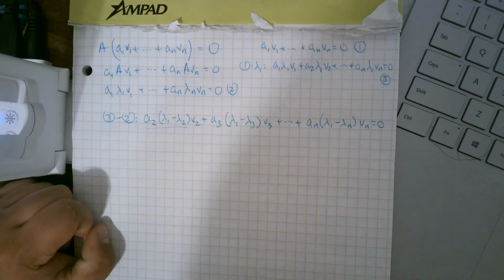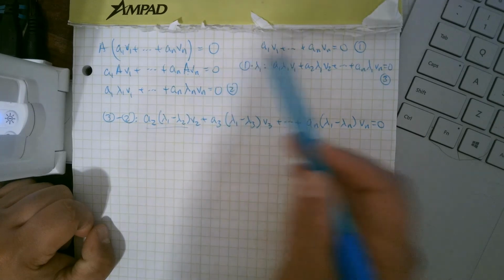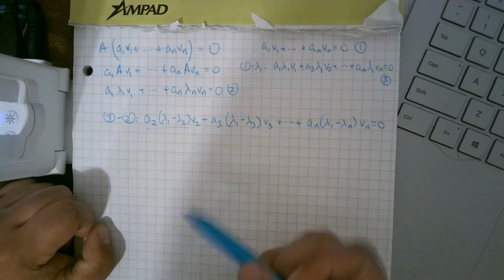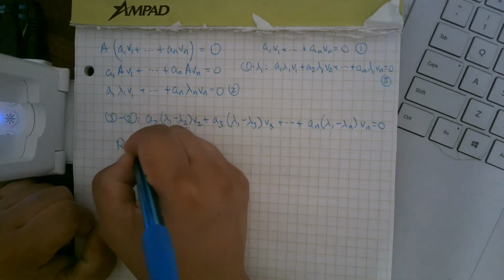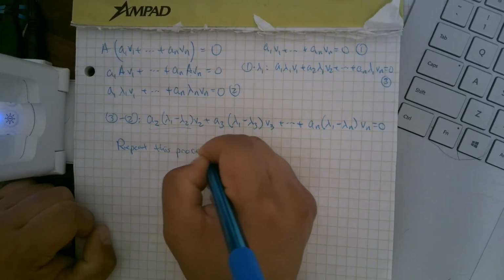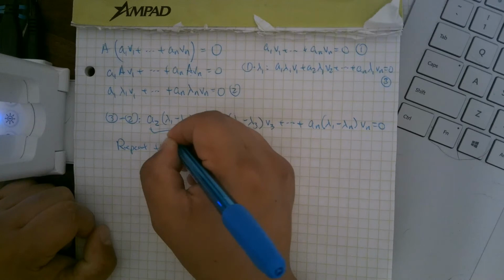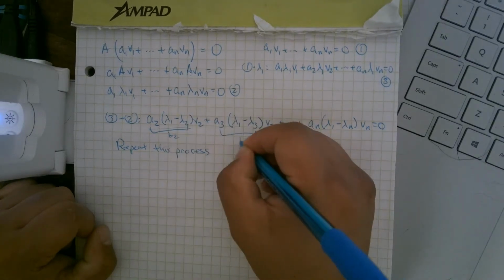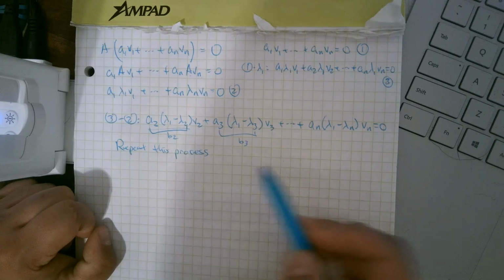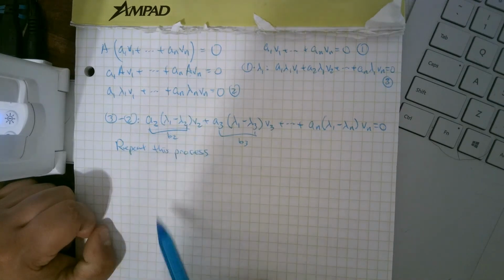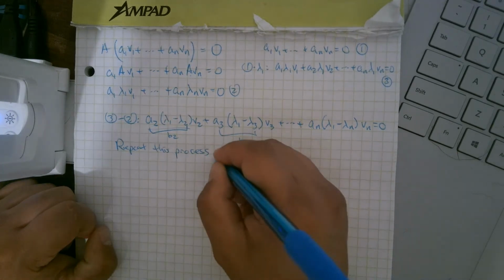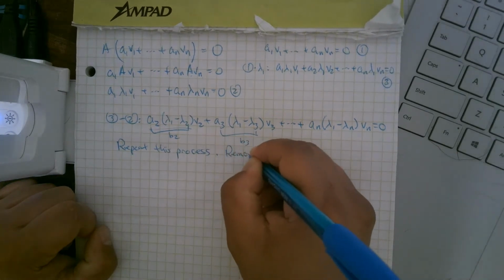And we can repeat this process. It looks like every time we do this process, we get rid of one of the v's. If it's too confusing to look at these, just replace this with b2 or something, b3, and then repeat this as if they were the a's. We can still generate new multiples of lambda by multiplying on the left by big A. Okay, so repeat this process, removing a vector each time.